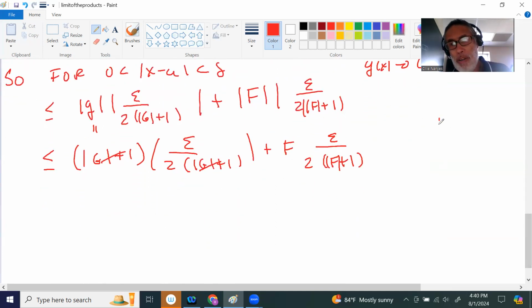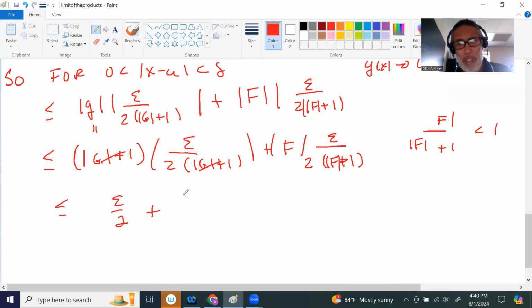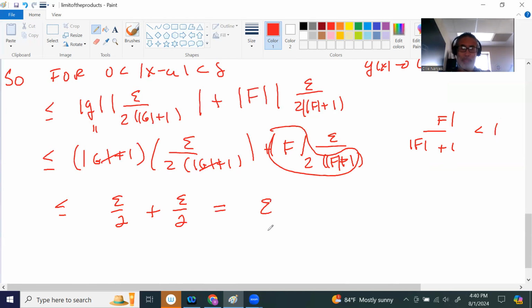And this part here, so you notice this denominator here, and I forgot the absolute values here, that's going to be less than or equal to 1. So what happens, this cancels. So this is going to be less than epsilon over 2 plus, with this bound right here for this part being smaller than that part, that's epsilon over 2, which is epsilon.